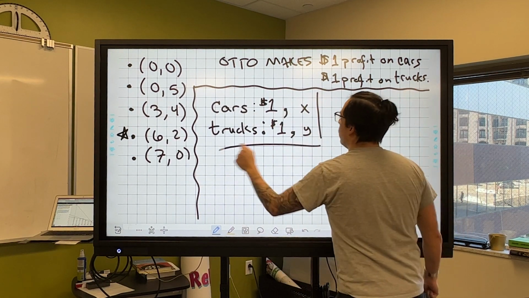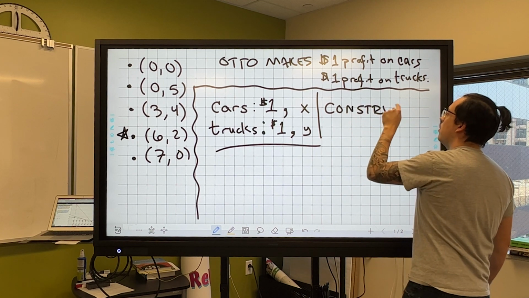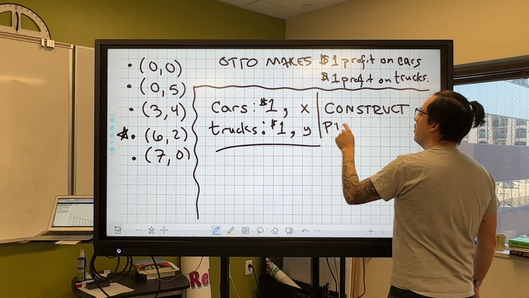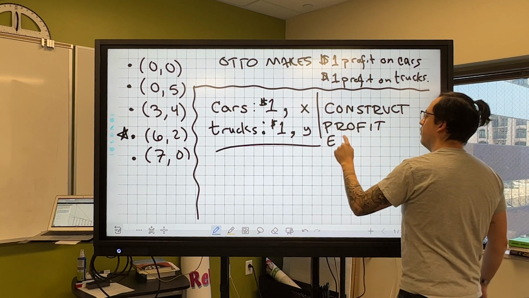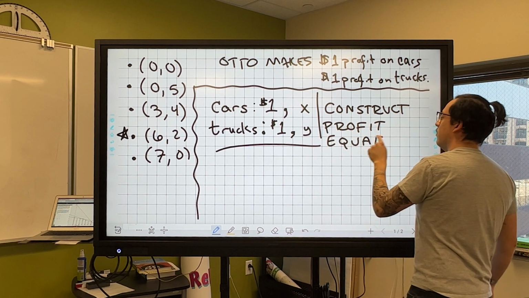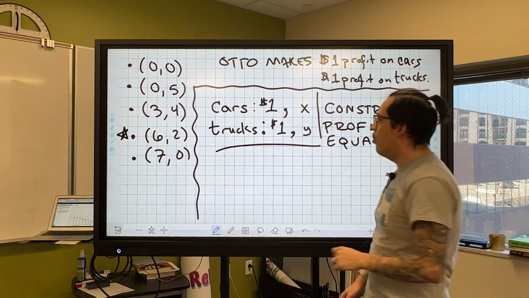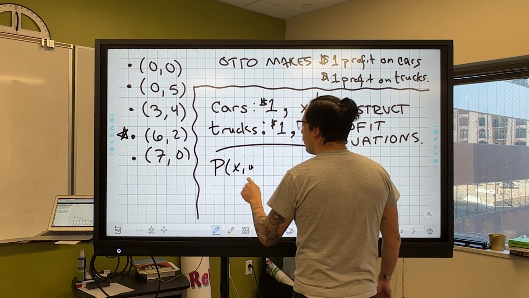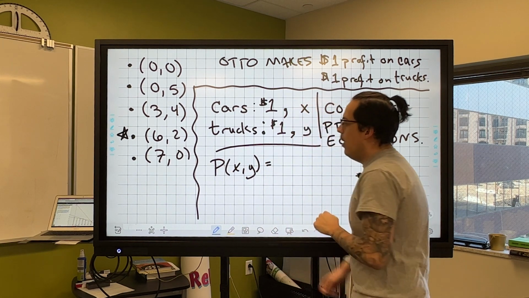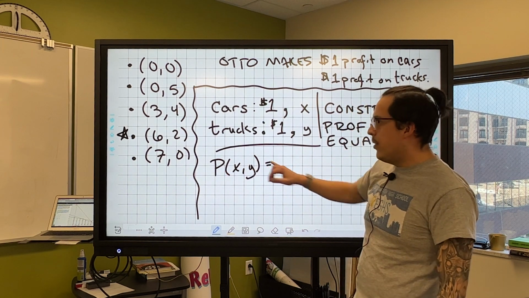Here are our notes. We're going to construct profit equations. Every profit equation starts out like this: P of x, y equals.